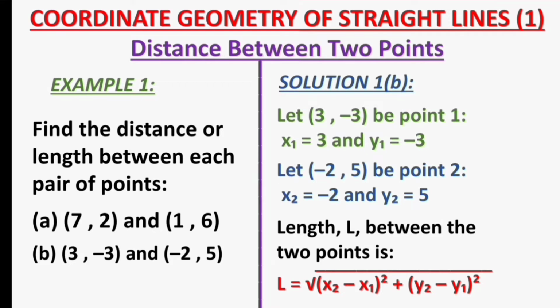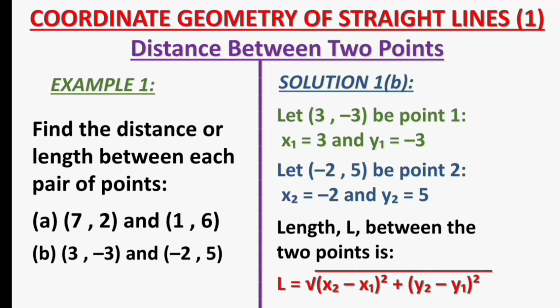That means that x2 is equal to minus 2 and y2 is equal to 5. When you substitute these values into the formula for the distance or length between the 2 points, L is equal to the square root of (x2 minus x1) all squared plus (y2 minus y1) all squared. What will be the distance or length between the 2 points?